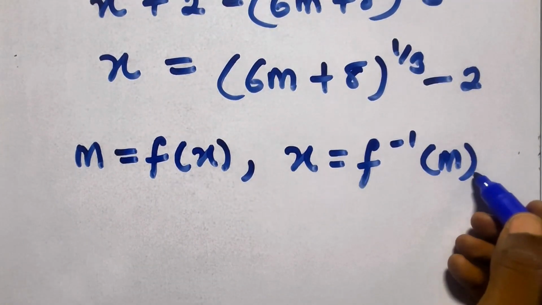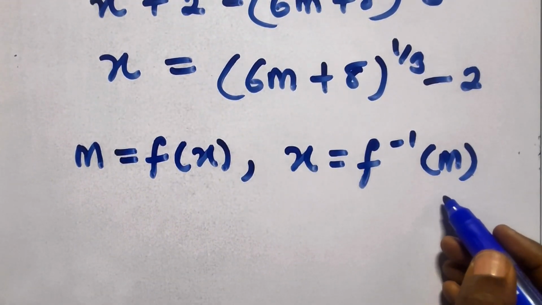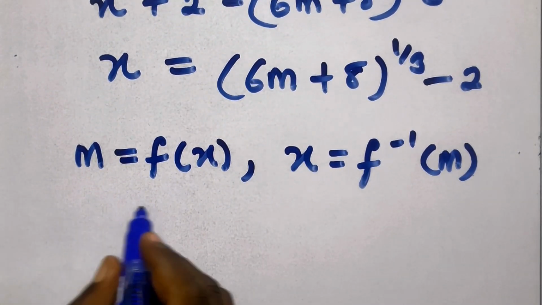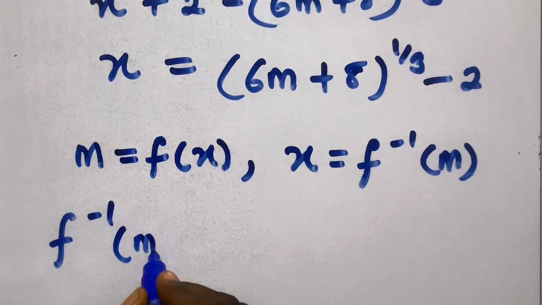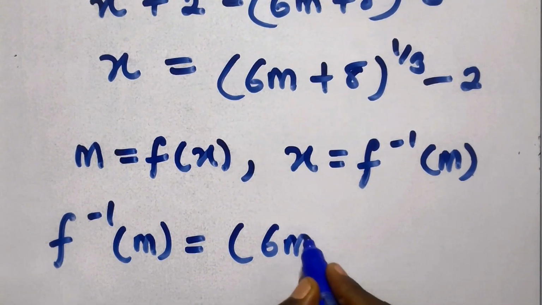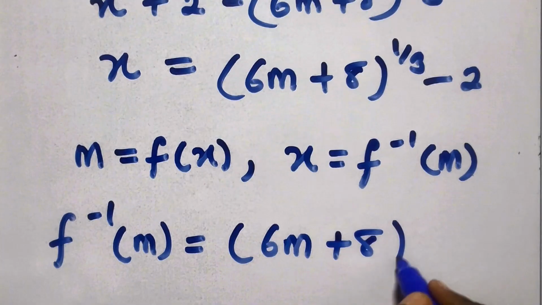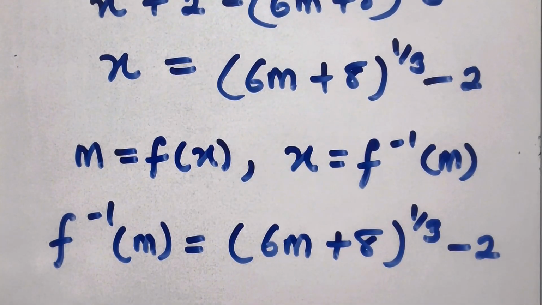F inverse of m, it is this that actually gives birth to this. I hope you understand. So therefore, now we have our f inverse of m, right? It will be 6m plus 8 raised to power 1 divided by 3 minus 2.